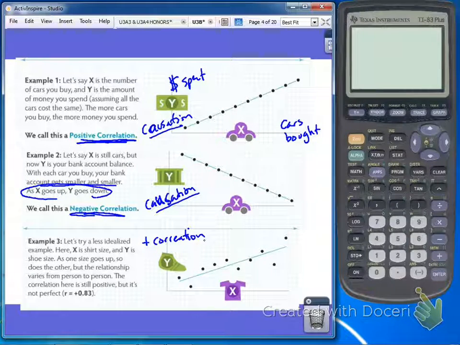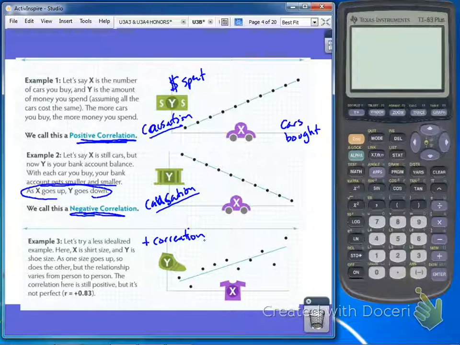Raise your hand if you say that an increase in shirt size causes an increase in shoe size. Raise your hand if you believe that. I don't see anybody raising their hand. Nobody's raising their hand.